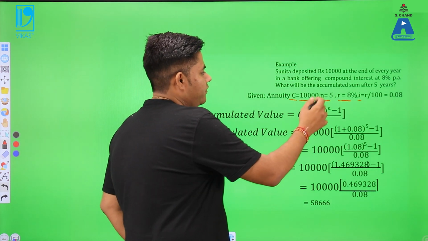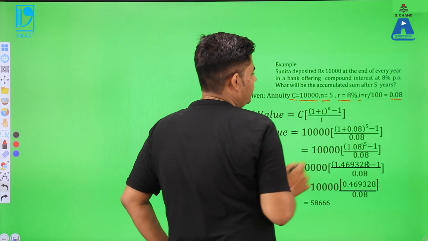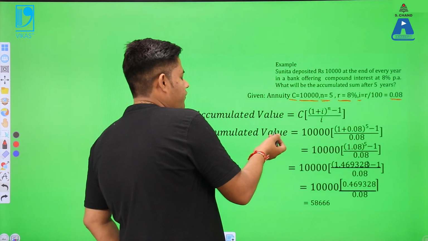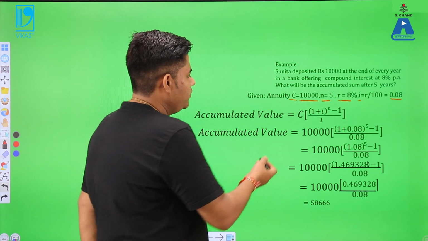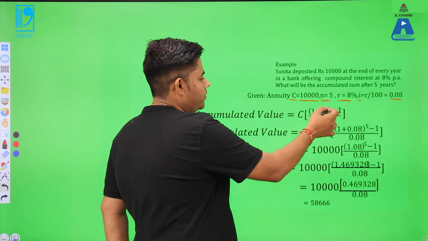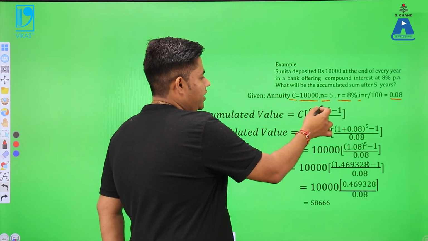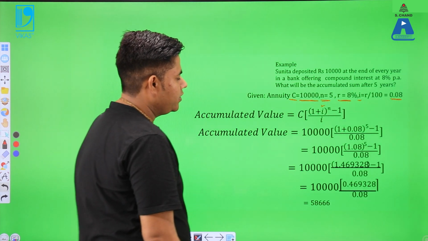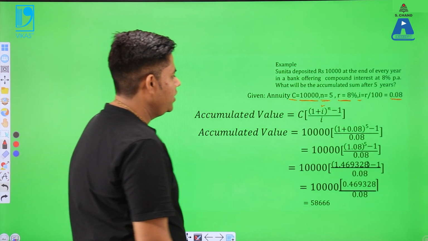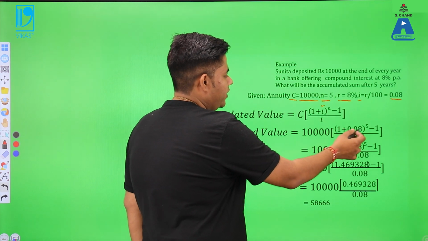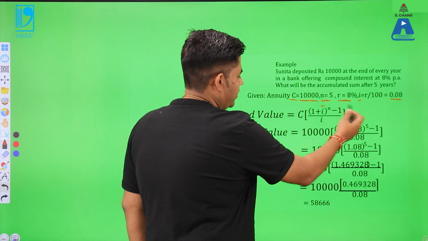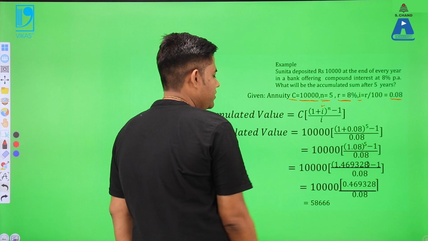So that would be 8 divided by 100. That means you will get this value of 0.08. So you need to find out the accumulated value. That would be C into 1 plus i raised to the power n minus 1 over i. So i here is rate over 100. That means you have the value of 0.08. So substitute that value of 0.08 here, and n in the same set of equations, divided by the same.